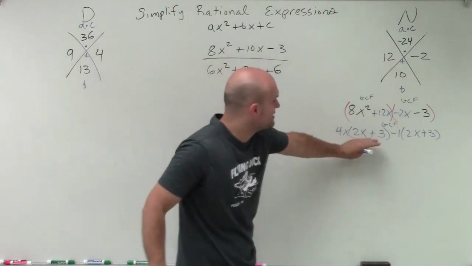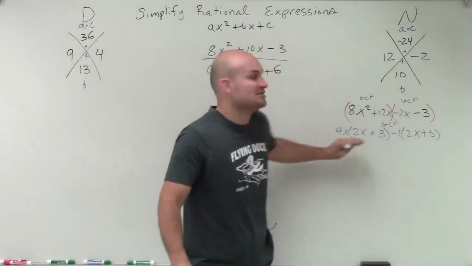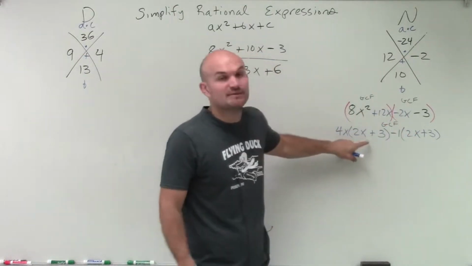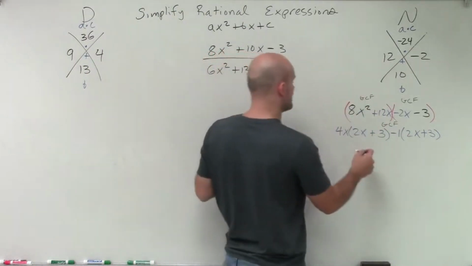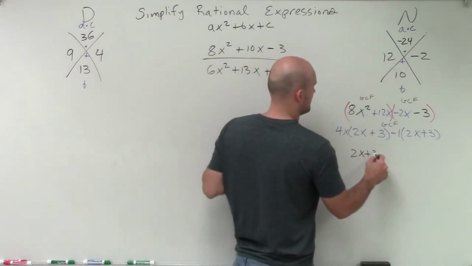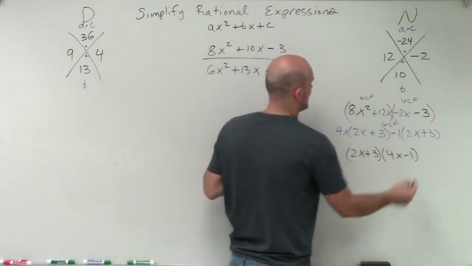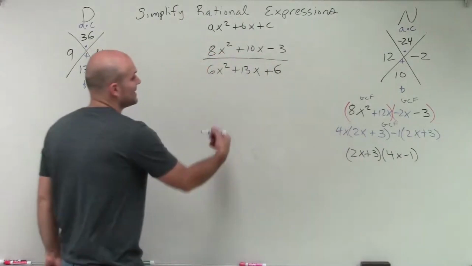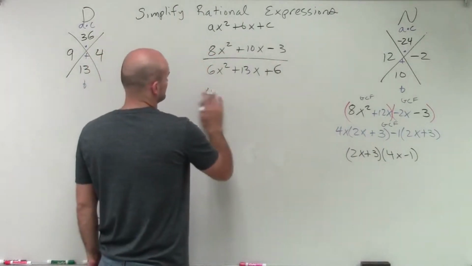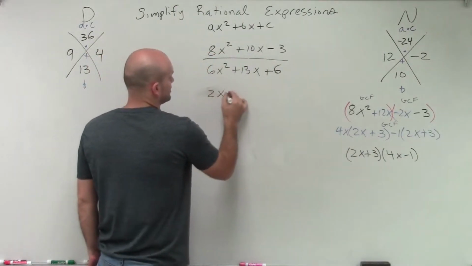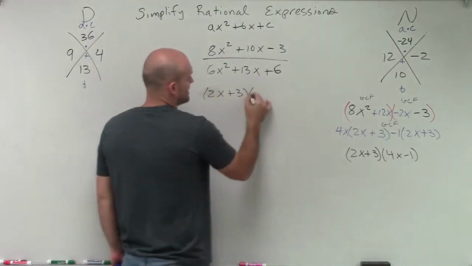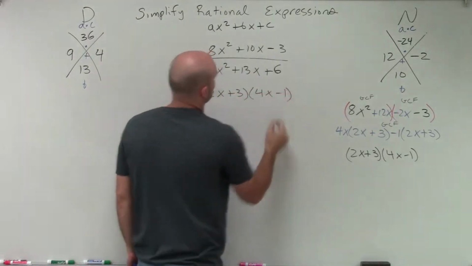You notice that for this whole expression, the GCF is going to be 2x plus 3. So now you factor out the 2x plus 3, and you're left with a 4x minus 1. Therefore, that's now my new numerator, which is in factored form: 2x plus 3 times 4x minus 1.